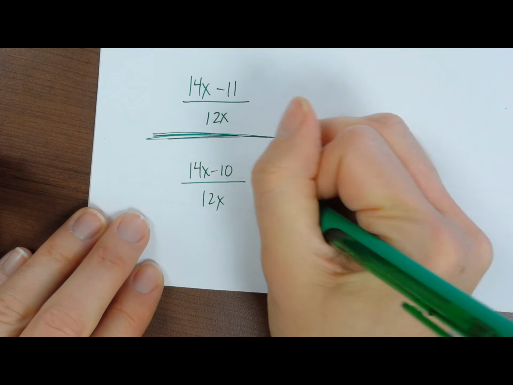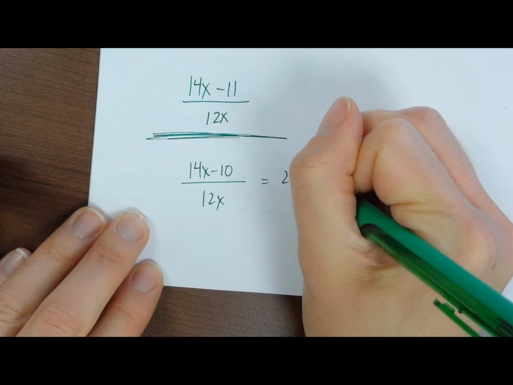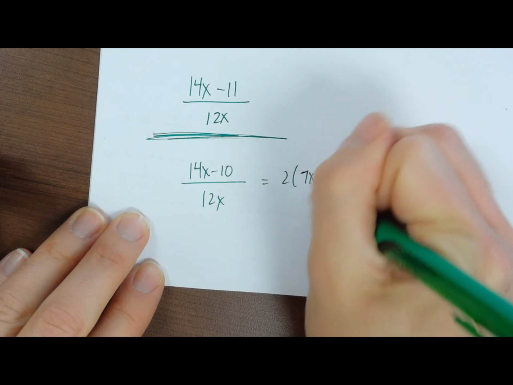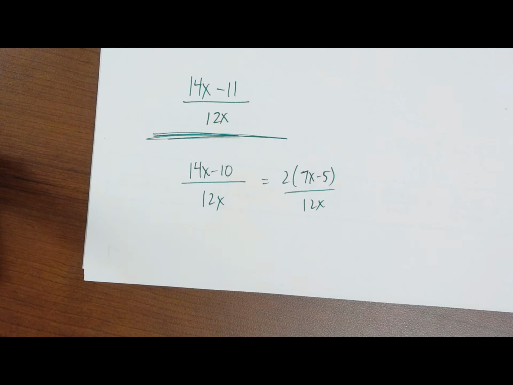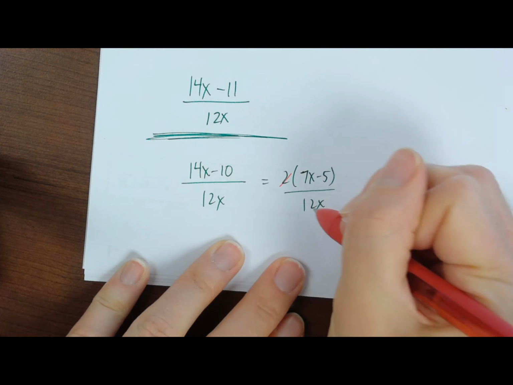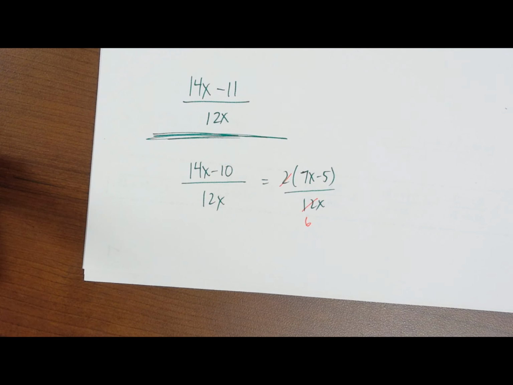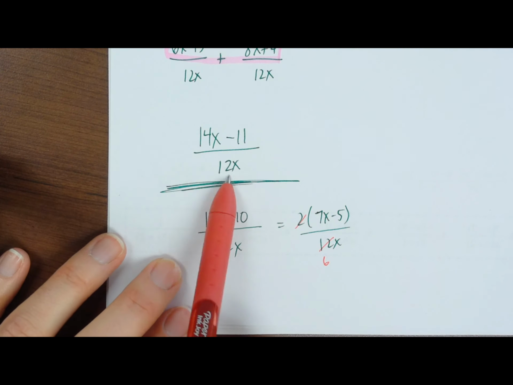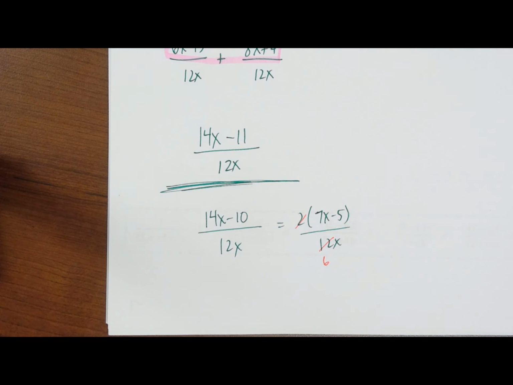A 2. If you could factor, then you could reduce. So like say this would go away and this would become a 6. But we can't factor this. If you can't factor, you can't cancel.